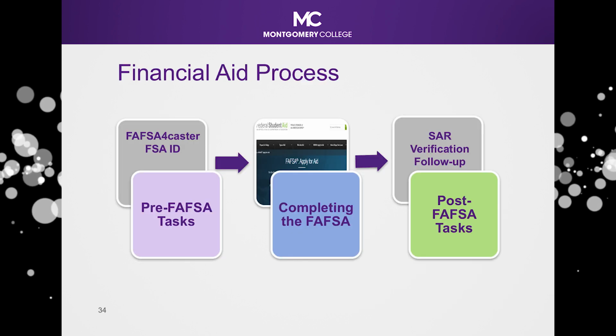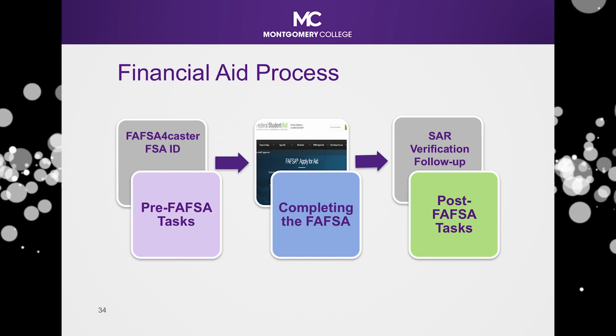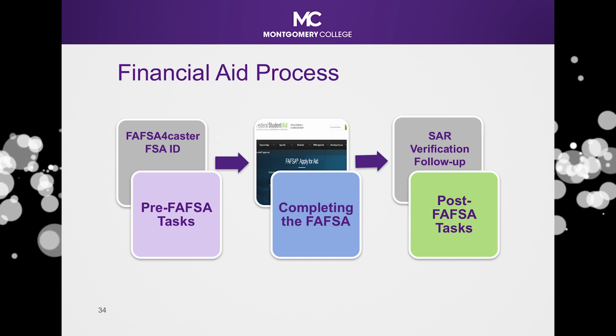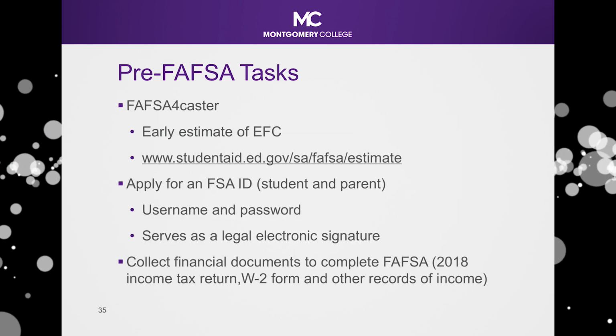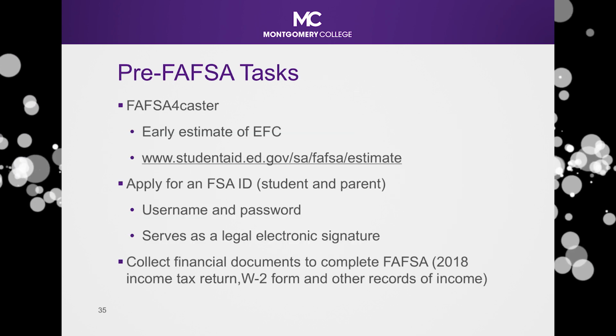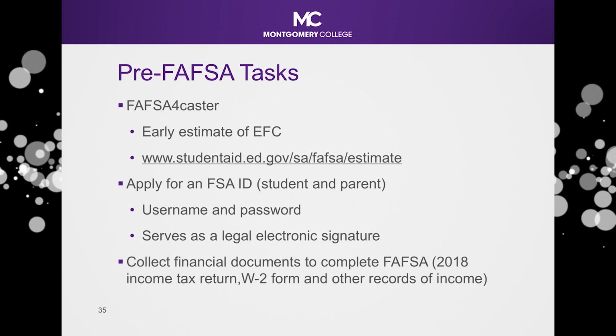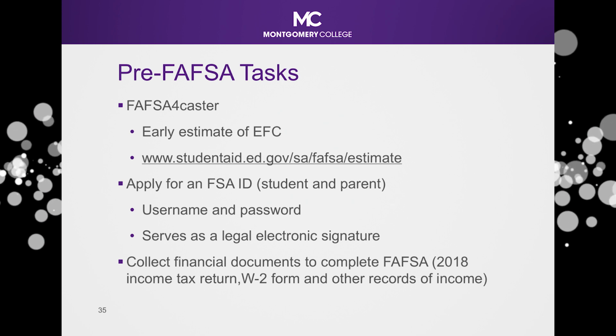Okay, what's the financial aid process? There's pre-task, there's the task of completing the FAFSA, and there's post-task. Pre-task. If we have individuals in here who are not seniors, this is not for seniors. This is for your freshmen, your sophomores, and your juniors.